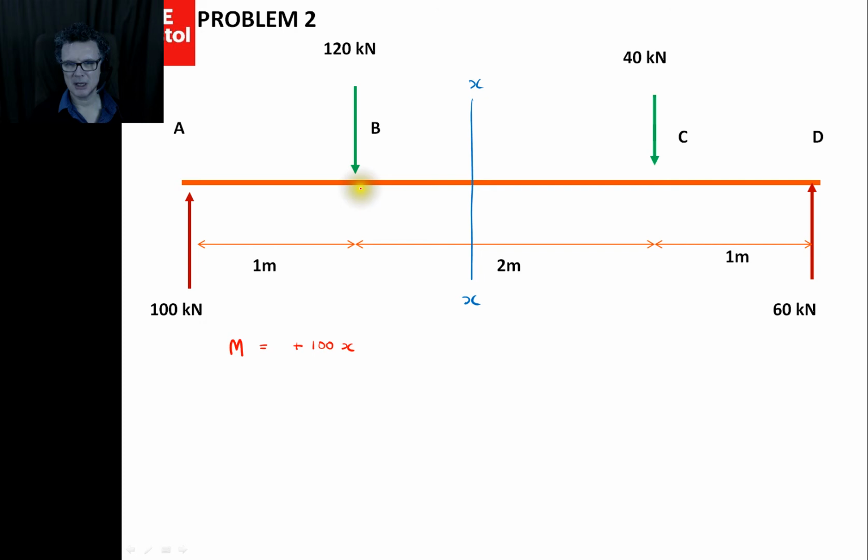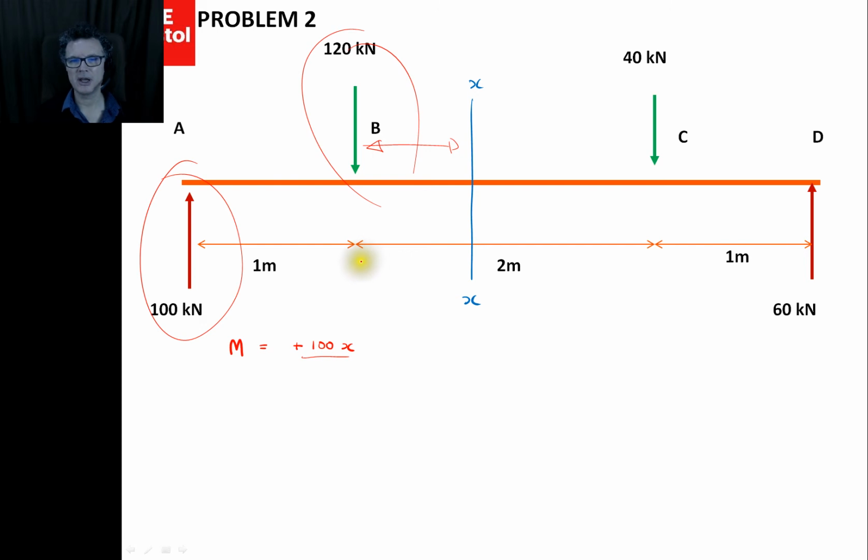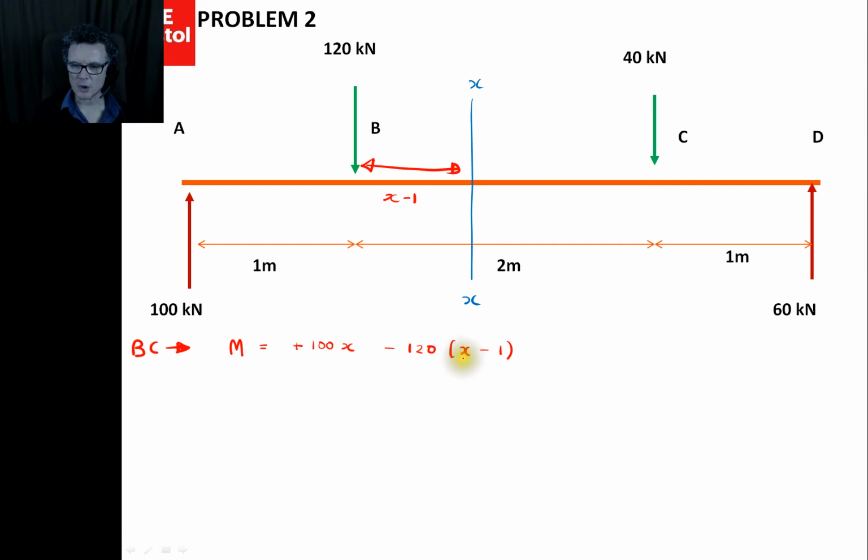Now when I'm somewhere between B and C, what have we got? We've still got this force going up, so that's still going to give me the 100x, but now we've got this force here coming down. So we've got to measure this distance, and you'll notice there's a little rule that we're following. Measure that position, and that's going to be x minus 1.